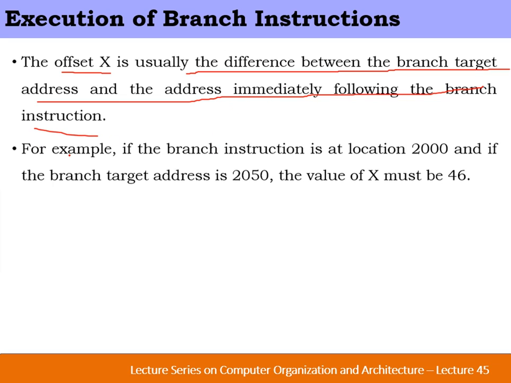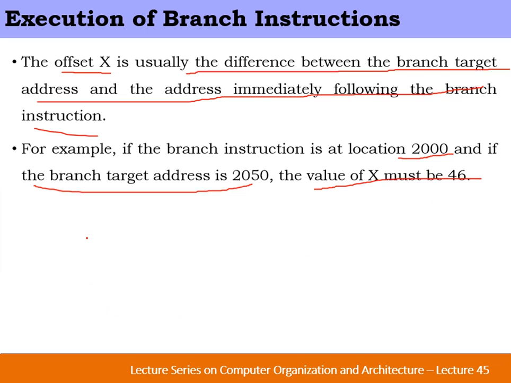Address immediately following the branch instruction means whenever the current instruction is the branch instruction, the next address is the one we take. We take the difference between the target address and that address, and that becomes the offset value. So target address minus the current updated program counter address. For example, if we have a branch instruction at location 2000 and the branch target address is 2050, the value of X becomes 46.